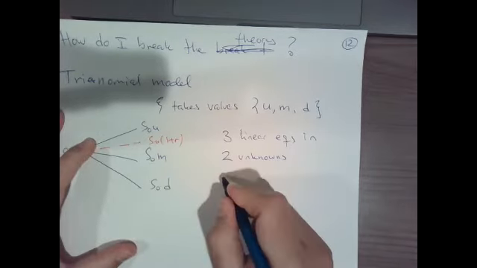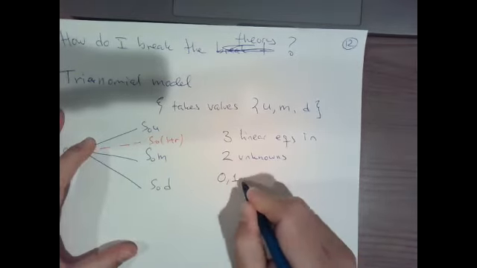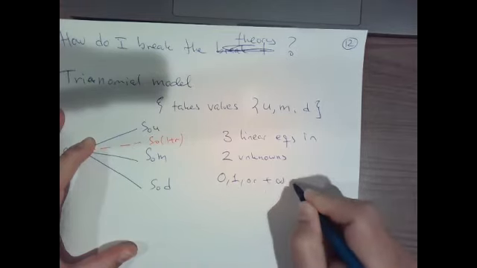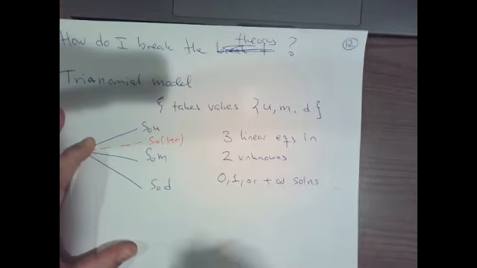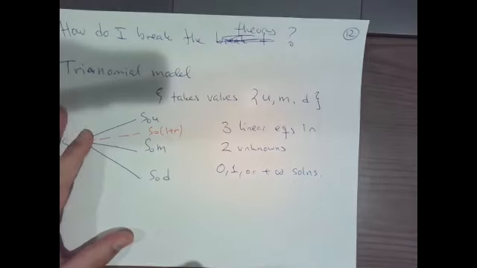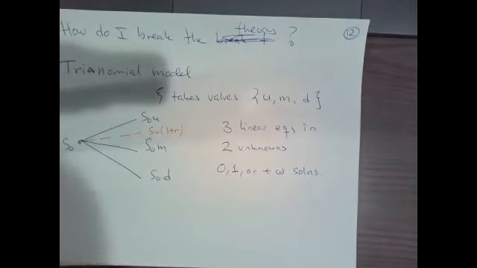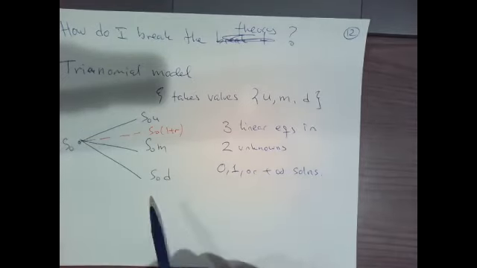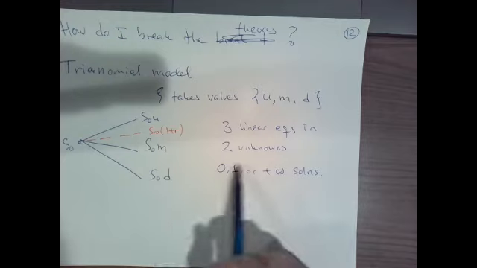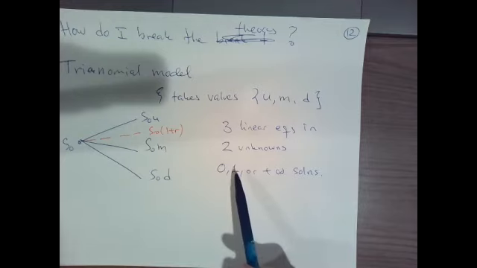Will it have 0, 1, or infinitely many solutions? Is it most likely that 3 equations in 2 unknowns will have 0, 1, or infinitely many solutions?